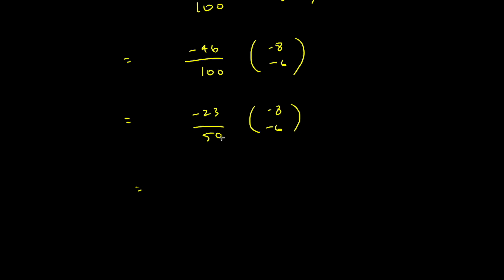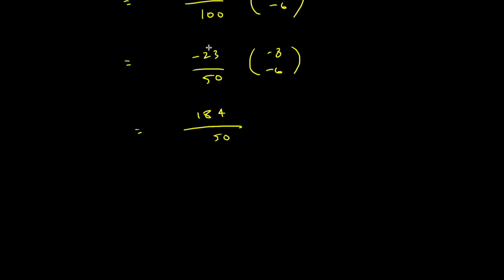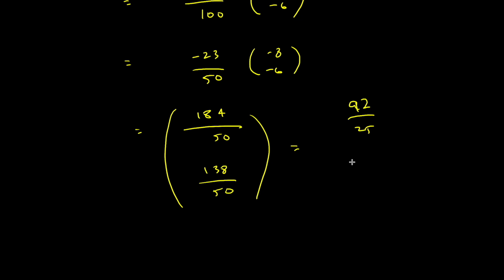And this is going to be equal to 23 times 8 is 160 plus 24, so 184 over 50. And then negative 23 times 6 is 120 plus 18, which is 138 over 50. And then we can divide all this by 2. We have 92 over 25 and 69, I believe, over 25. And this is going to be our final vector.